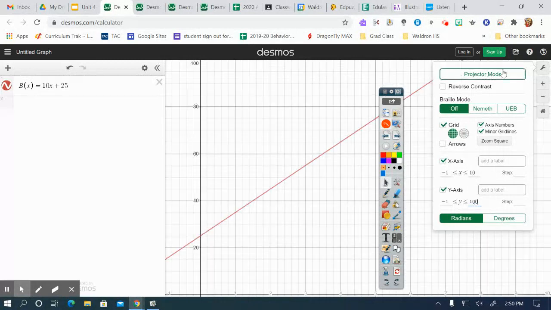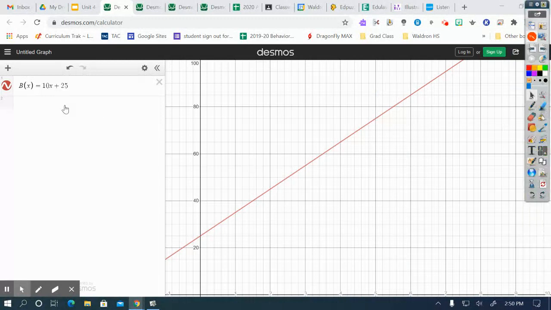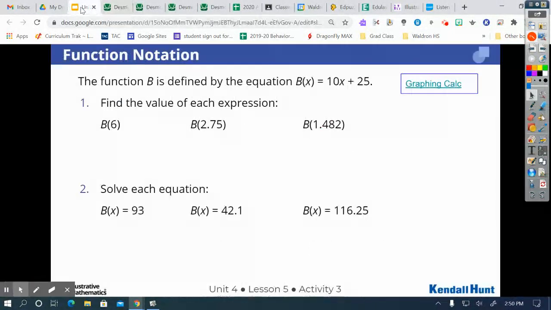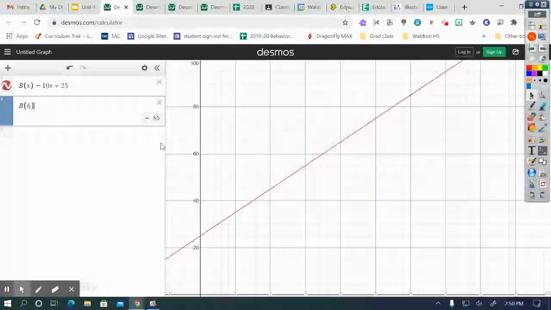So now we can see that graph more like it was on the slide before. If I want to know the cost when I use 6 gigabytes of data, I could just type in b of 6, and it tells me that it would cost $85.